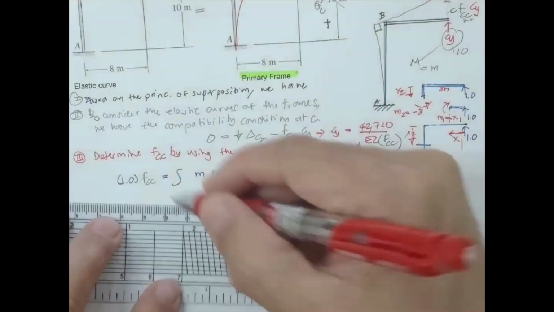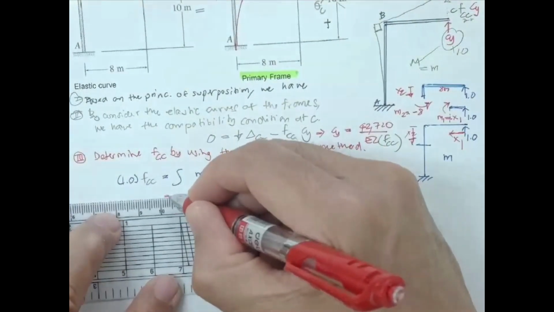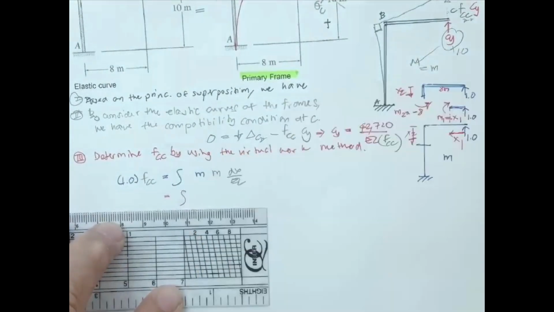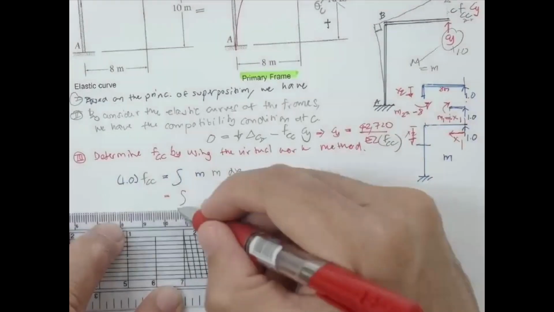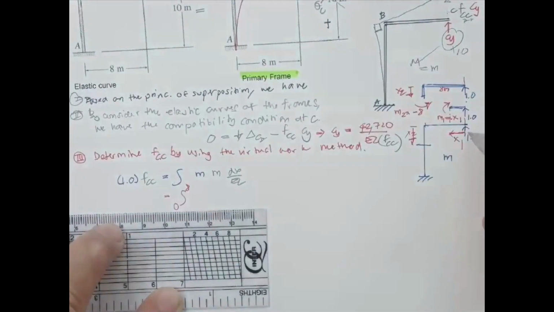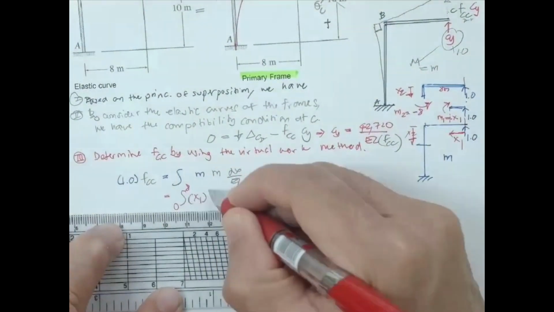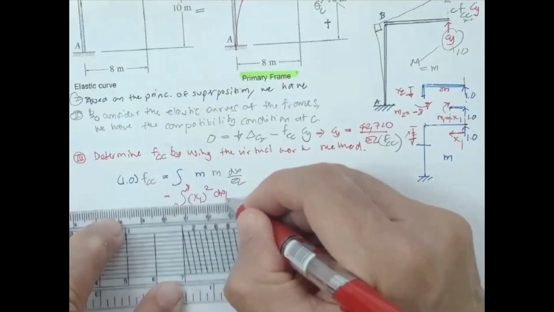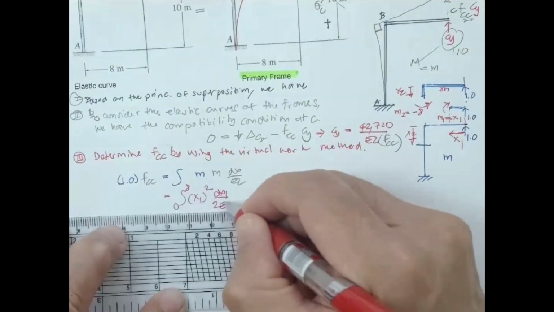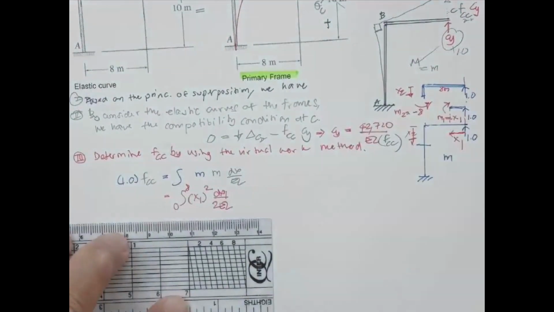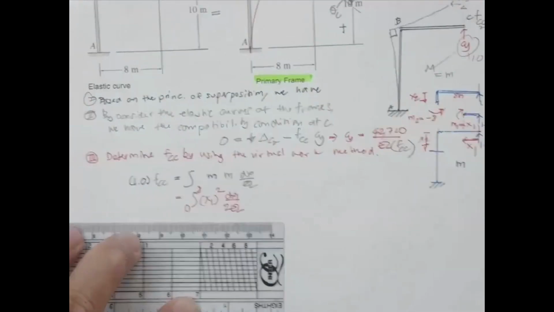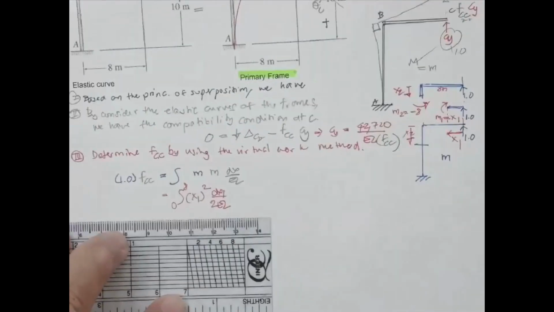And then you have this equal to the integration of x1 from here to here, 8 meter, from 0 to 8, and this one is x1 squared dx1 over 2EI. Don't forget 2EI, not EI there. Read the problem statement.